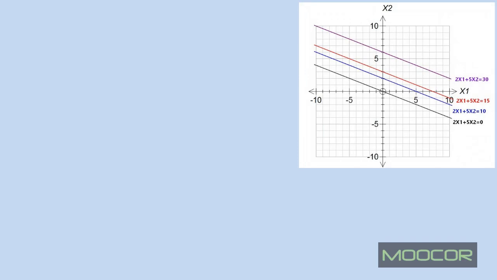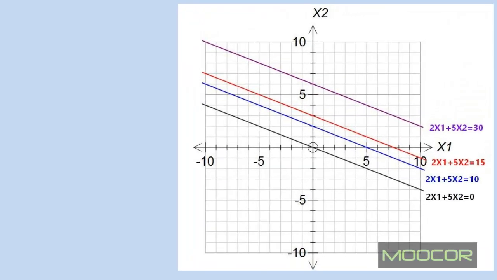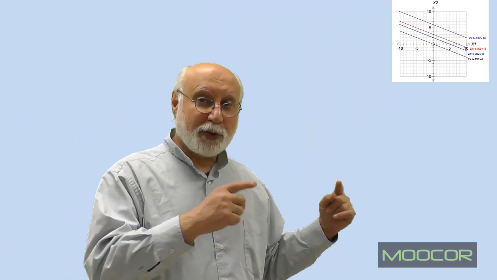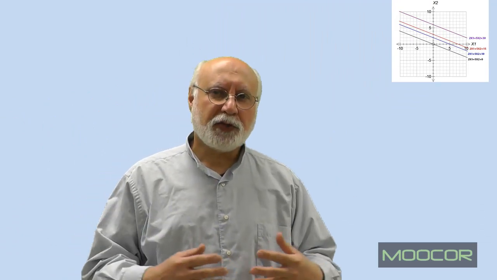When the right-hand side value changes, the line moves parallel to itself, either up or down. And again, this is an important concept that at some point we are going to use to actually find solutions of linear programs.